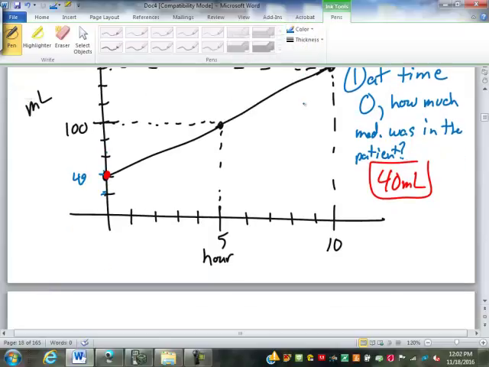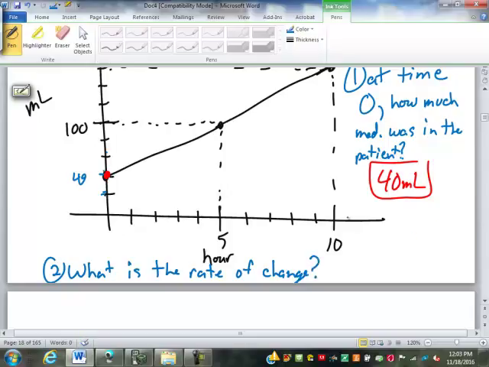If I ask you, what is the rate of change? How fast is it changing? Well, I find 2 points. I just will use the y-intercept and that one, and I find the rate that it is changing. Well, it goes up from 40 to 100, is how much? That's 60 milliliters over 1, 2, 3, 4, 5 hours.